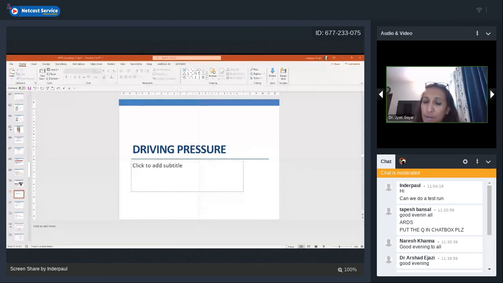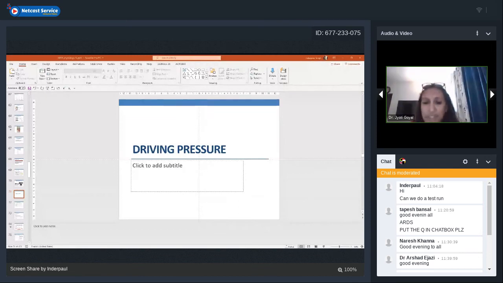So if your pleural pressure is already high because of chest wall edema or ascites or intra-abdominal hypertension or obesity, in those cases, if you're not able to ventilate, you can take the liberty of going a little bit higher on the plateau pressure limit, which is 30. You can exceed it to 32, 33, up to 35.